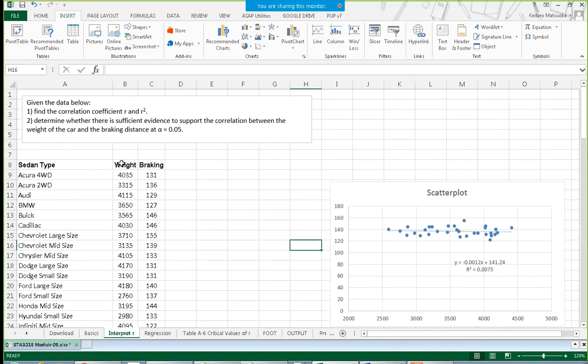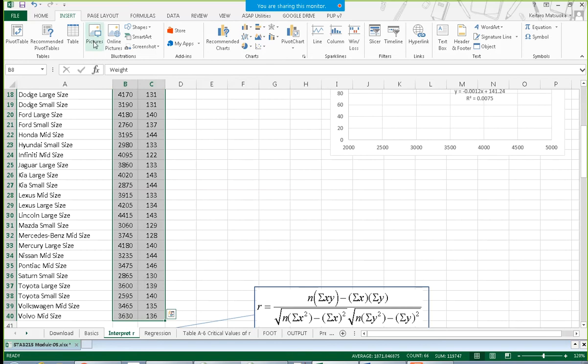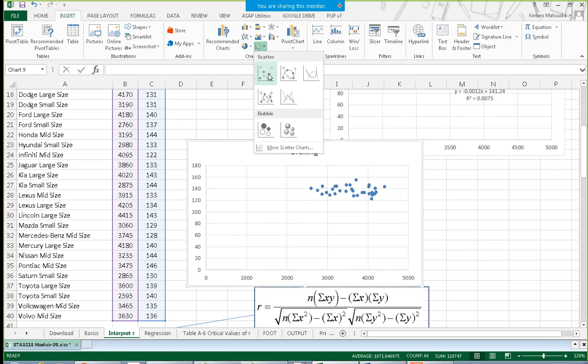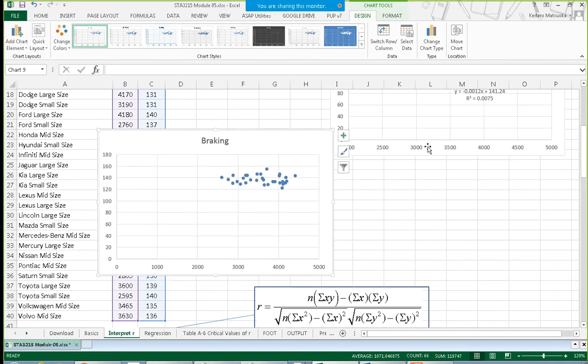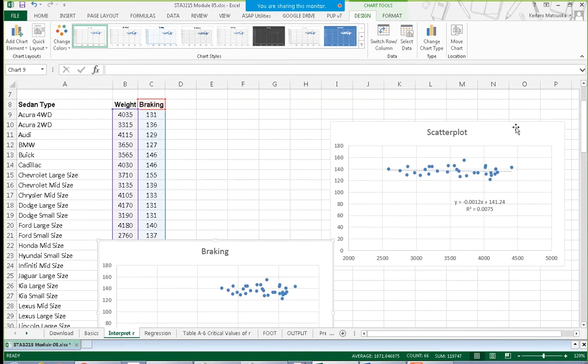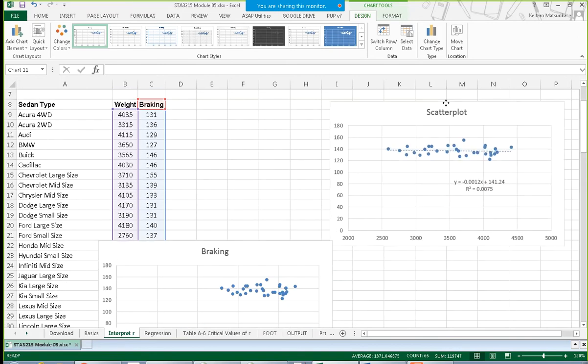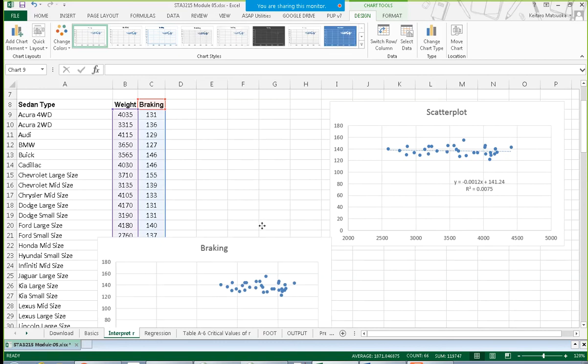Select both variables, insert scatter plot, the first one. It looks like this, and we want it to look like this, so we're going to have to do some modification.